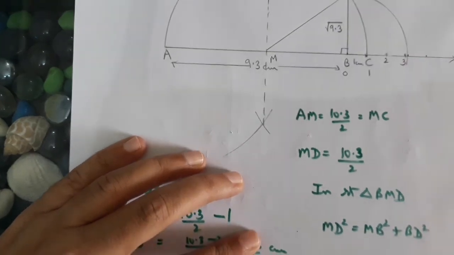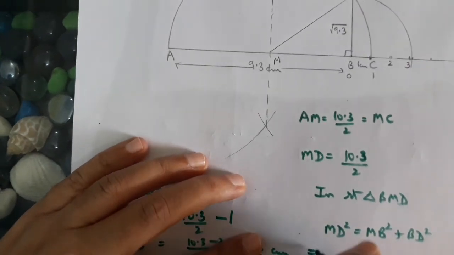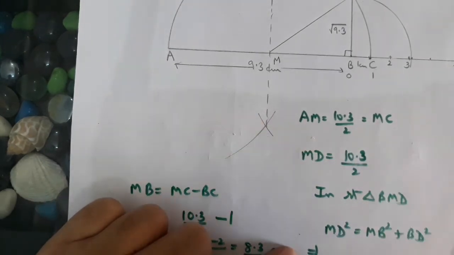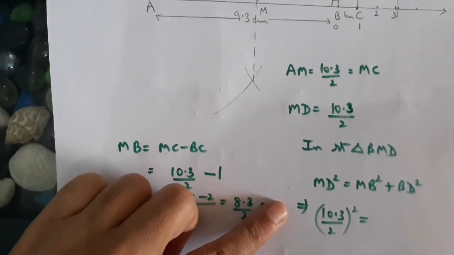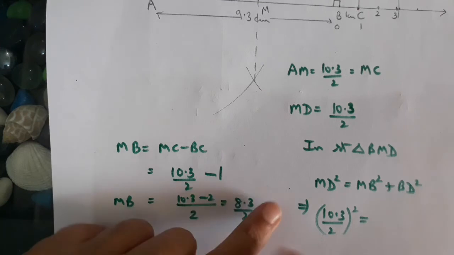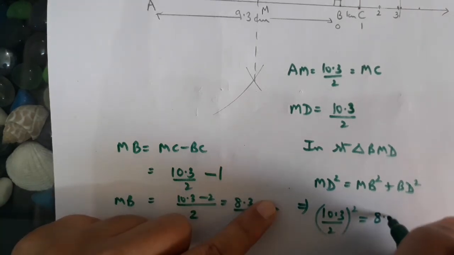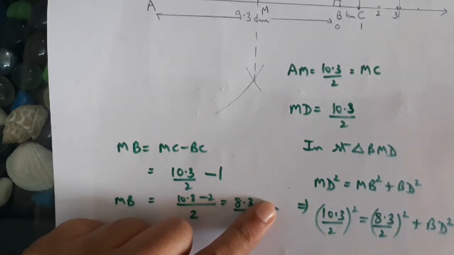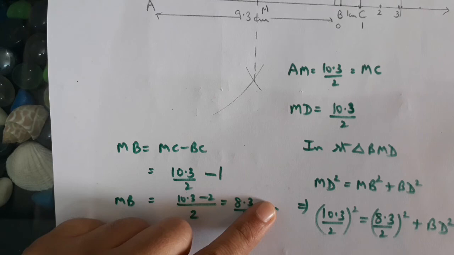This is what we obtain. Now we substitute the values. MD is 10.3 by 2, so 10.3 by 2 whole square is equal to MB, which we have calculated as 8.3 by 2 centimeters, so 8.3 by 2 whole square plus BD square. This is what we obtain by Pythagoras theorem.